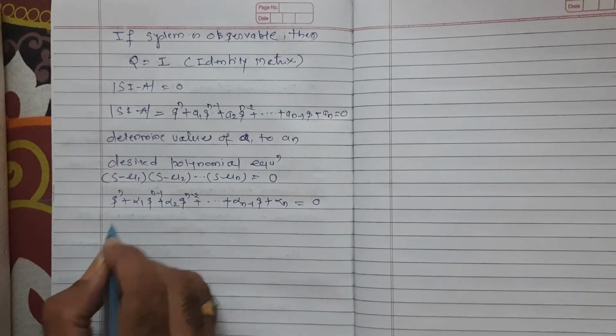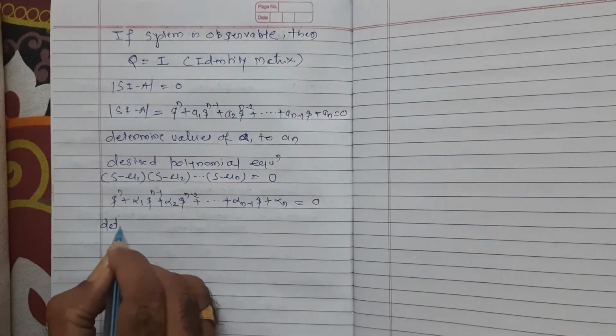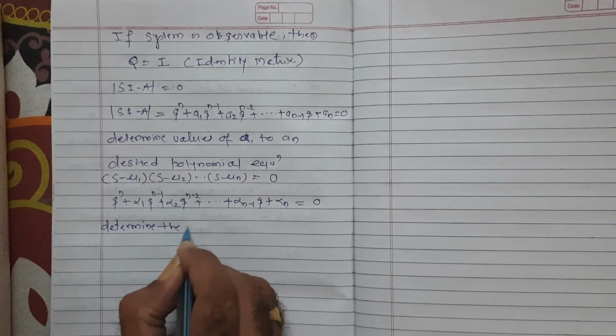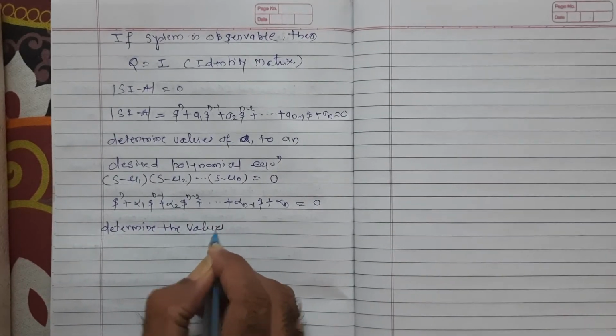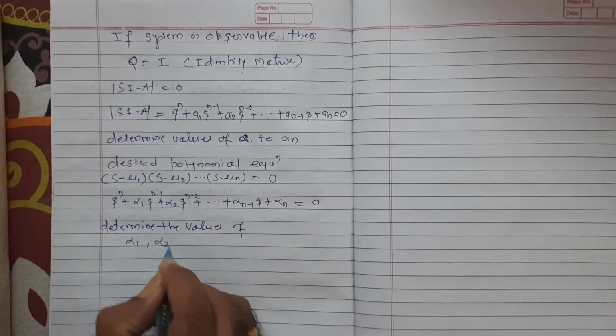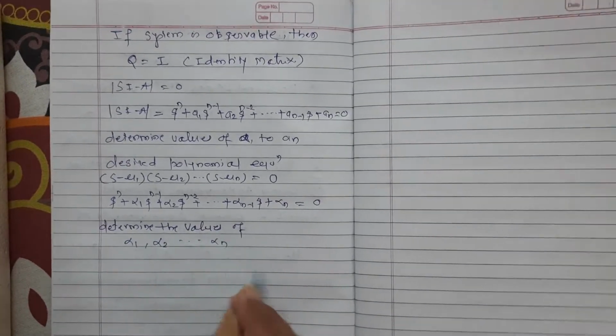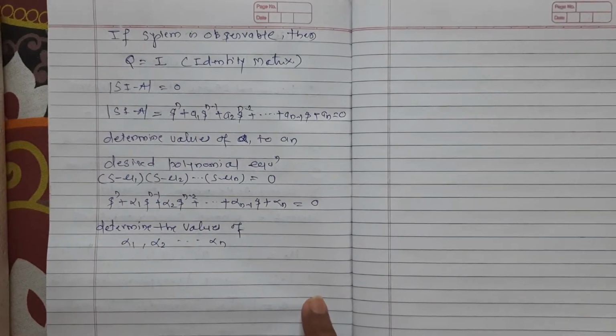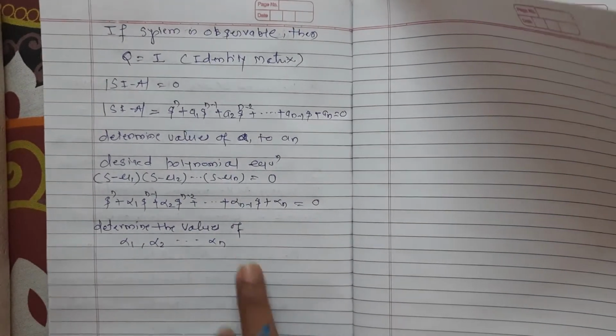From this, determine the values of alpha 1, alpha 2 up to alpha n.